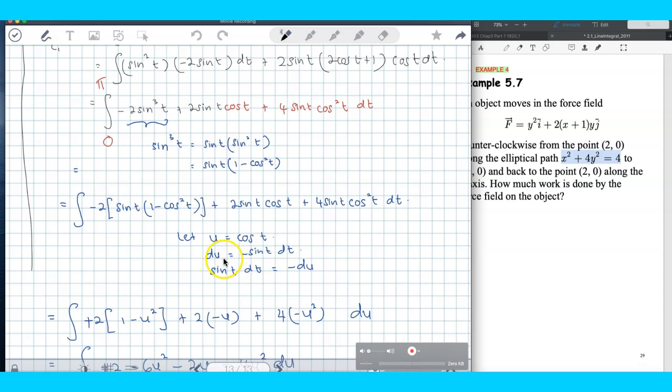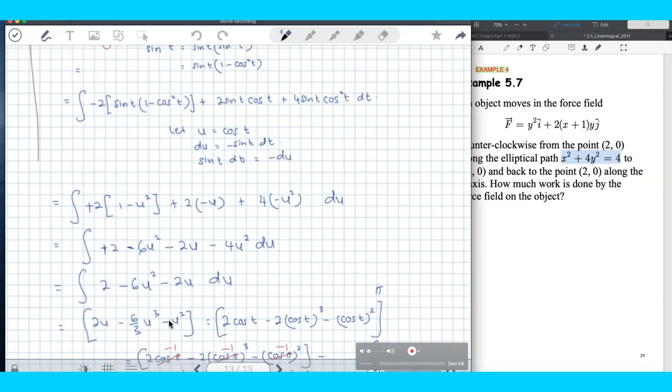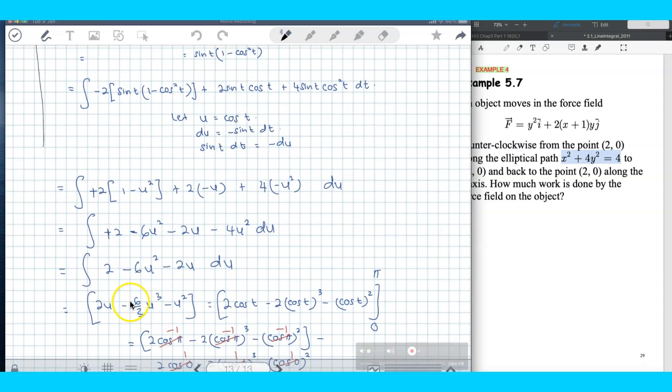I bring the dt over here, so that I straight away obtain that sine t dt is equal to minus du. So when we substitute sine t dt and u equal to cos t, this is the simplified version. Then when we expand and simplify, finally we can easily integrate with respect to u.